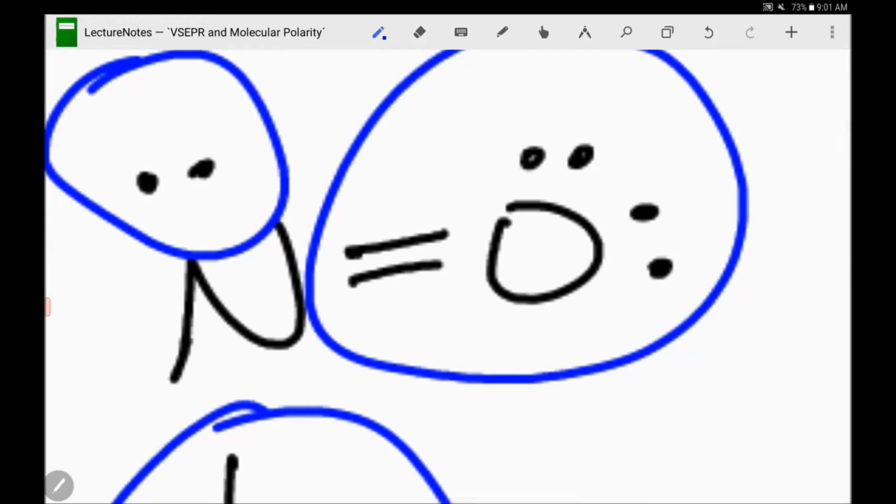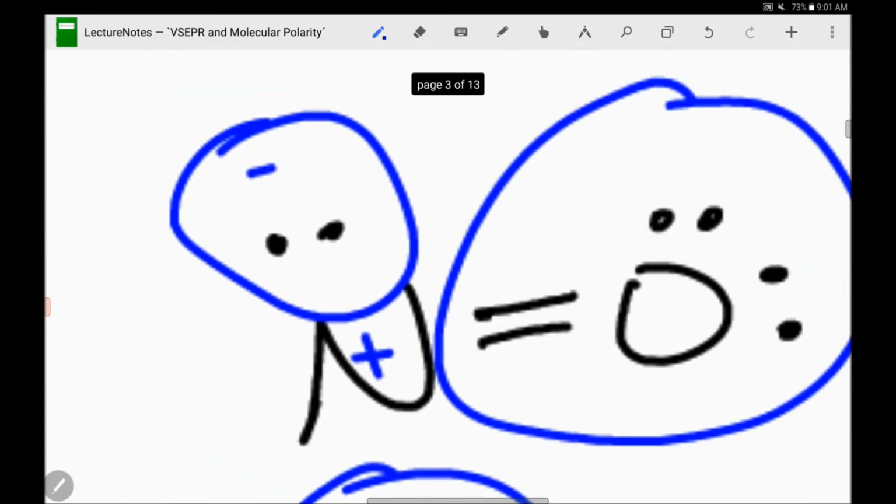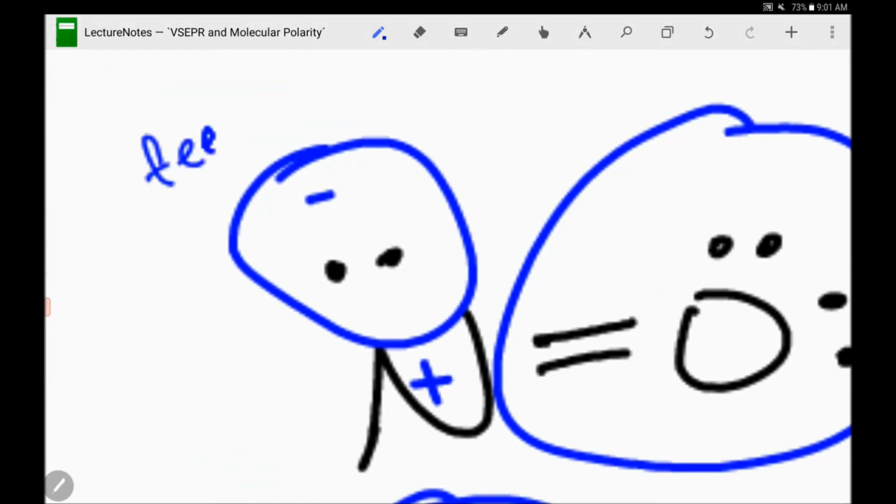When you look at the nitrogen bonded to the oxygen, there's a nucleus here and there's a nucleus there, and in between there are electrons. Here there's a nucleus here, but there's no nucleus on the other side of that pair of electrons. So this lone pair of electrons feels more negative.